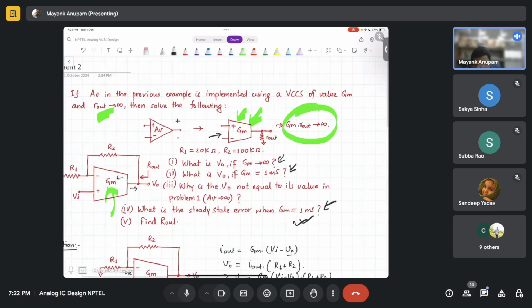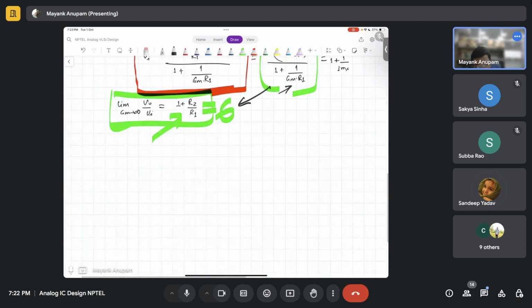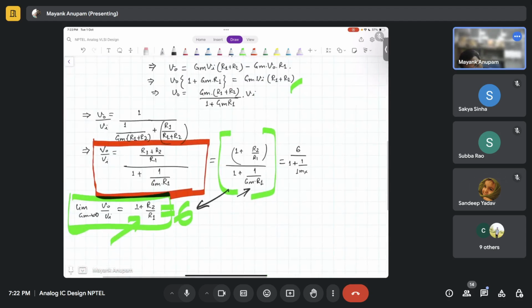R1 is 20 kilo ohms, right? Yes. So the kilo and milli go away. 6 divided by 1 plus 1 over 20. So how much will this be?